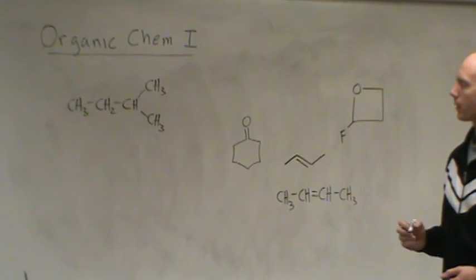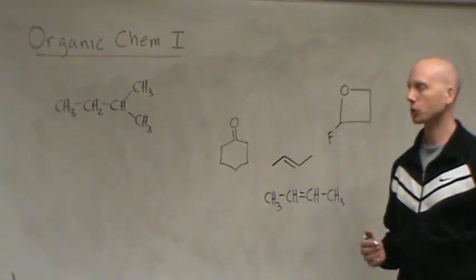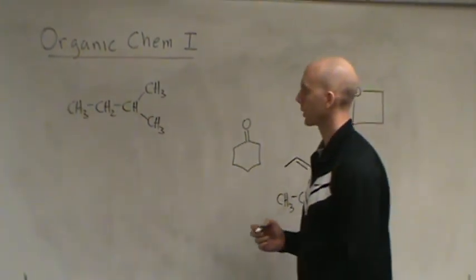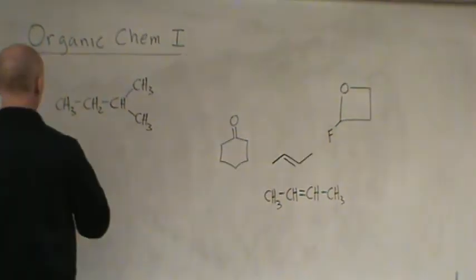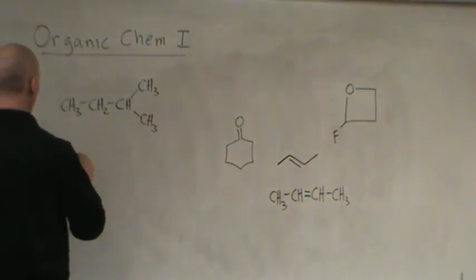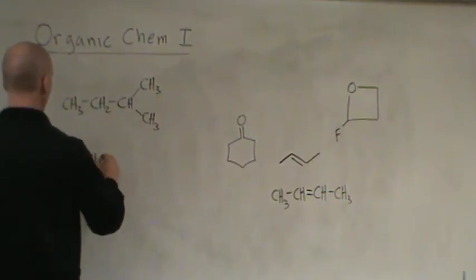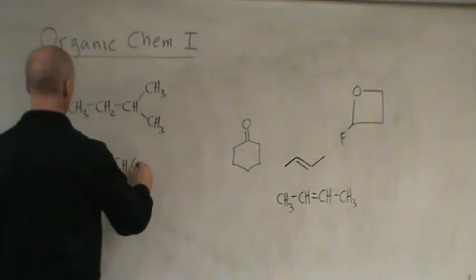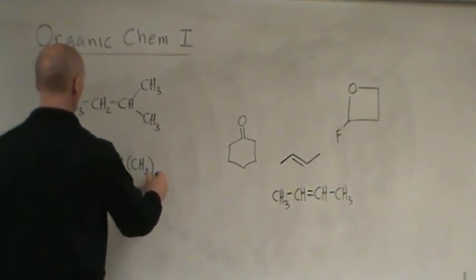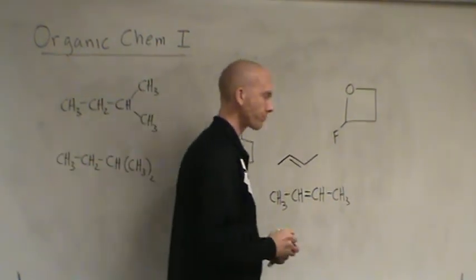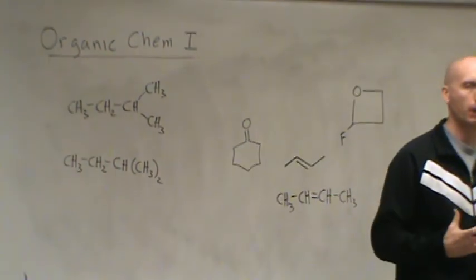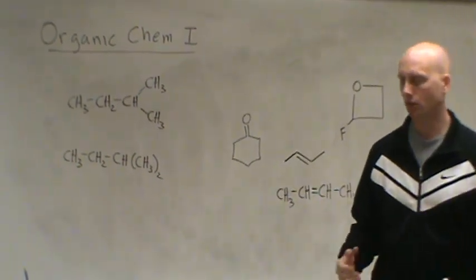I'm not going to be worried about the line bond structure, but there's another way I could draw this showing the atoms, where I can shrink wrap by use of the parentheses.